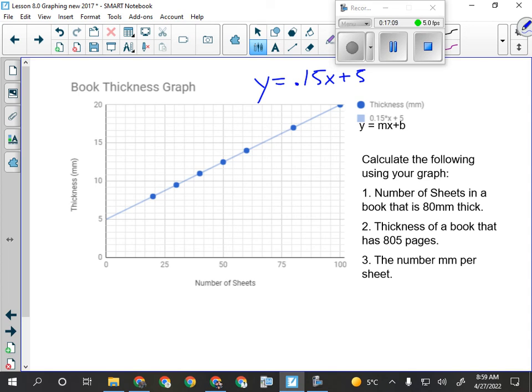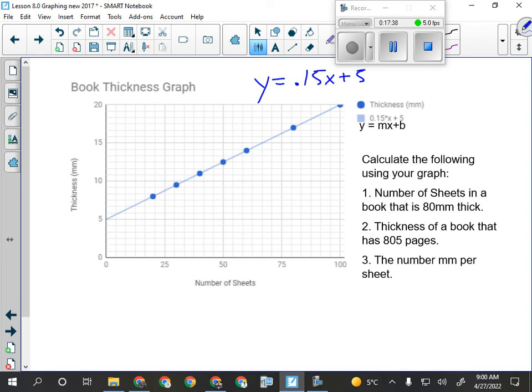Slope is one of the most important things we can get from a graph because it tells us the relationship numerically between x and y. It tells us how much y changes as a function of x. And then b is our y-intercept. It is the value of y when x is 0.